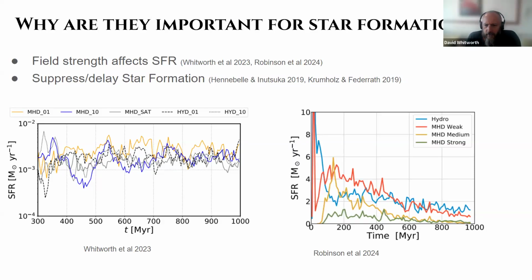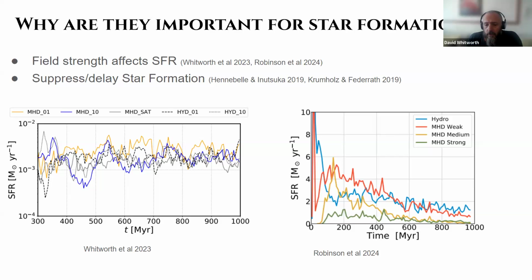So why are magnetic fields important for star formation? It's been shown recently that they have different effects. This is all galactic scale and cloud scale stuff. So the field strength affects our star formation rate. I show that the magnetic field may not affect a global star formation rate, so that's the plot on the left.